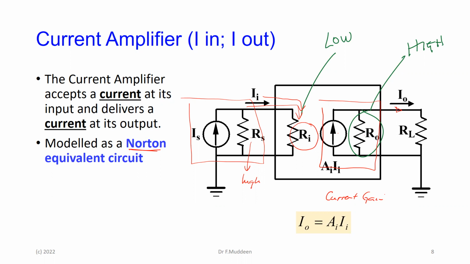Now this bit is inside of the amplifier, remember. So ideally, the current amplifier has a very low input impedance and a very high output impedance, which is the opposite of the voltage amplifier. Low input impedance, so all of the source current comes in. High output impedance, so that all of the current that is amplified goes out. All right? And of course, the relationship is output current is equal to input current times the current gain.